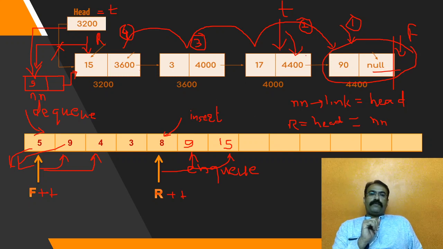Okay, and make front point to temp. This way, applying the logic of deleting the last element will be your removal or dequeue operation from a queue. Okay, this is one logic.